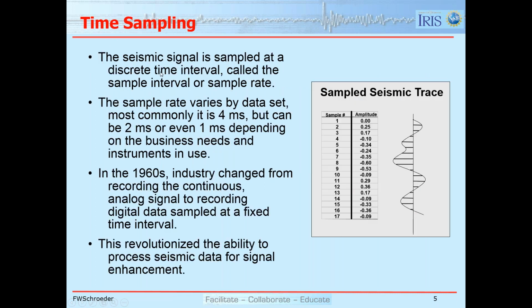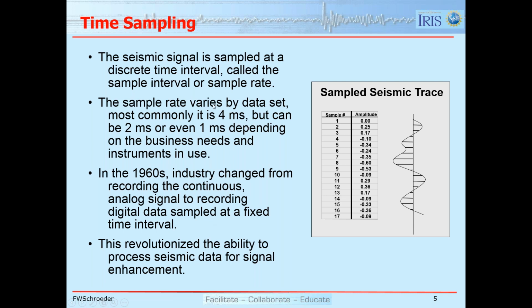The seismic signal is sampled at discrete time intervals, and we call that the sample interval or the sample rate. Jumping down to point 3, prior to the 1960s the industry was recording wiggles as you would see on an earthquake seismograph. Then in the 60s, we started recording the data as digits, and so we have to have a certain sample rate.